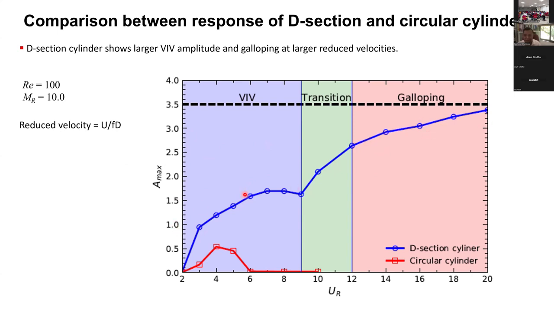And here we see VIV and transition and galloping. We'll discuss these terms in more detail in further slides. But this slide shows a huge improvement in the amplitude compared to the circular cylinder for the same reduced velocity, which is helping to cause stronger vortices, and they are spread out everywhere in the channel. And that's the reason we get a larger heat transfer.